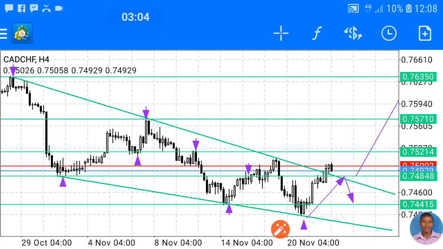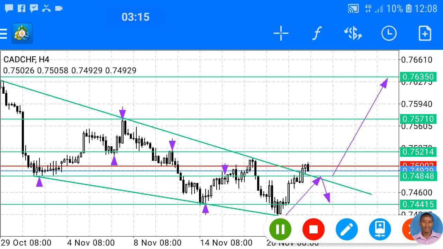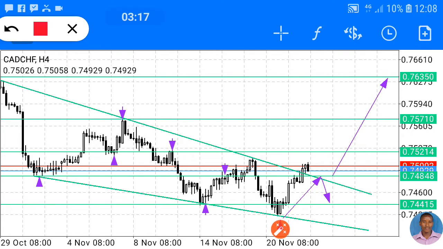Okay, so let me explain what I think will happen on this pair. As you can see, I have these arrows that are pointing the general direction that the price would take. I put this arrow last week on Thursday, when the price was playing around this area.